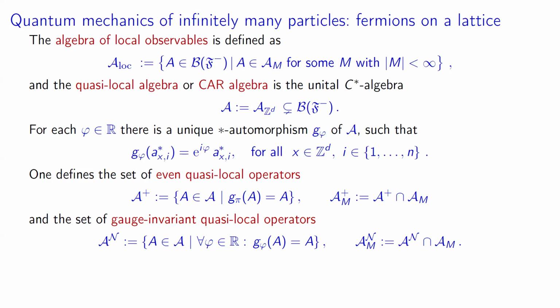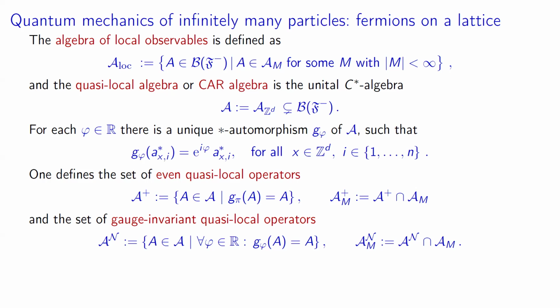These are just the sums of monomials that contain an even number of creation and annihilation operators. And the set of gauge invariant quasi-local operators is the set of operators that don't change at all under this automorphism for any phase φ.